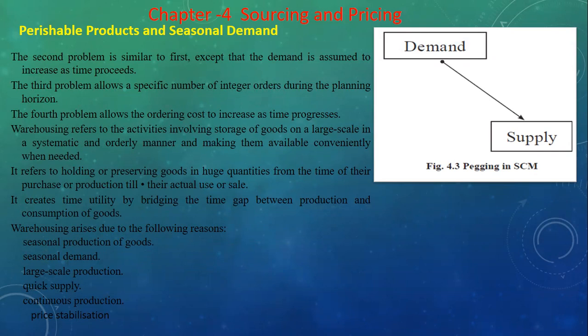The second problem is similar to the first, except that the demand is assumed to increase as time proceeds. The difference is only that demand is assumed to increase with time. The third problem allows a specific number of integer orders during the planning horizon, so a specific number of orders can be considered at planning time. The fourth problem allows ordering costs to increase as time progresses.